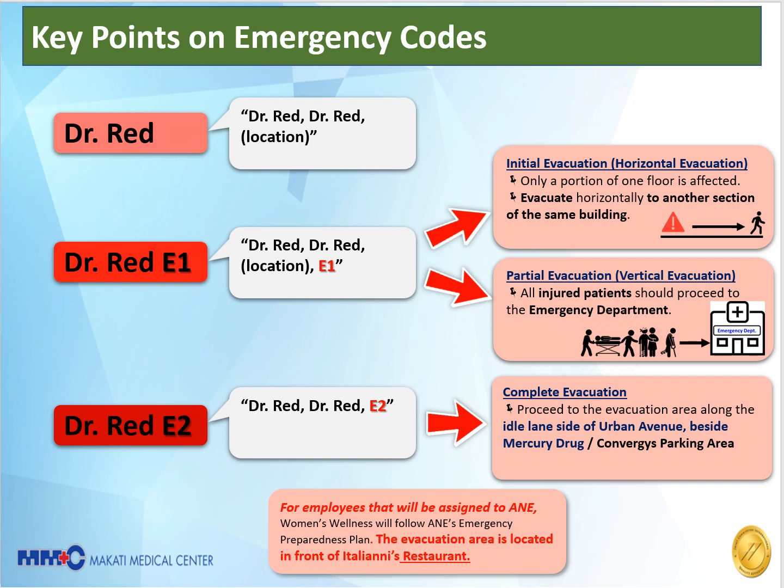When an E1 is activated during an emergency code, there are two types of evacuation. The initial evacuation, which is the horizontal evacuation, means that only a portion of one floor is affected and that patients or personnel evacuate horizontally to another section of the same building.